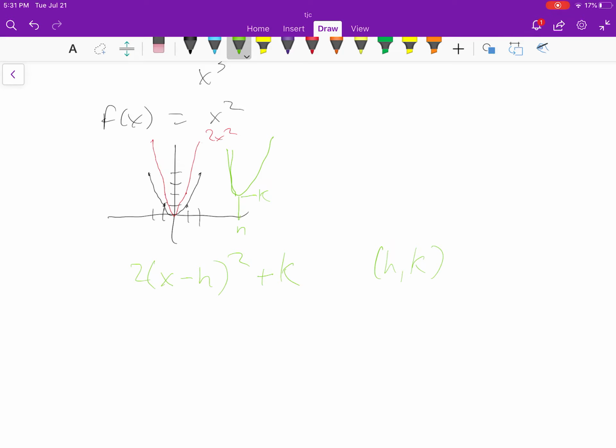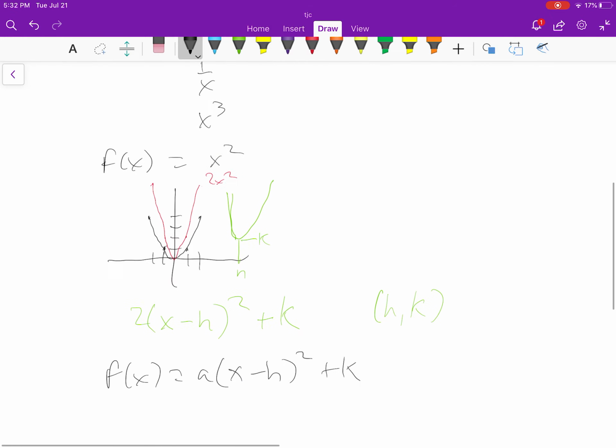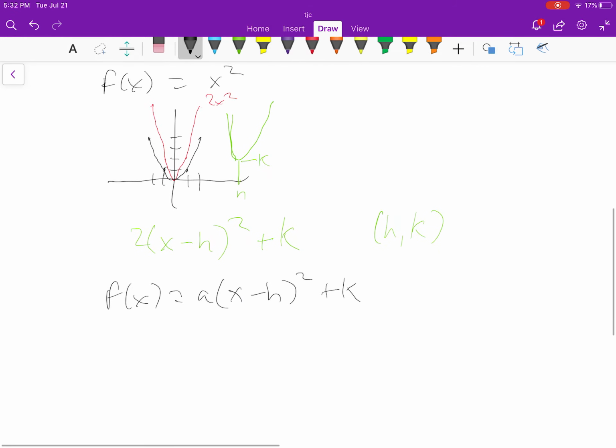The standard form quadratic equation is any function that can be written like this, as in standard form. So we can take the above function here, the ax squared plus bx plus c, you can complete the square and get it to look like this.